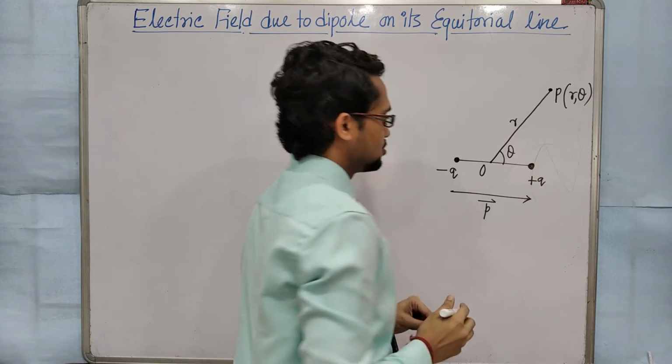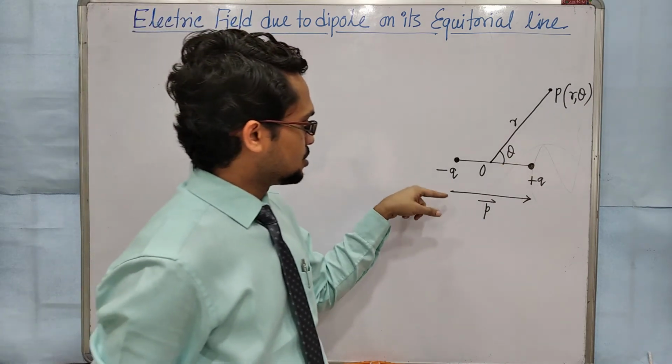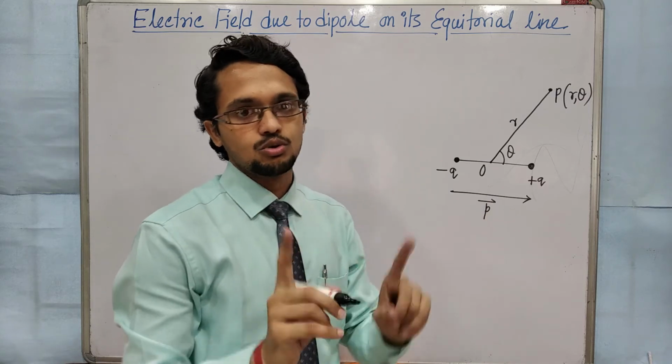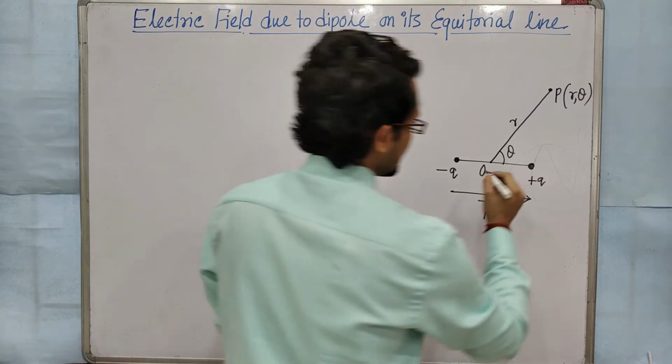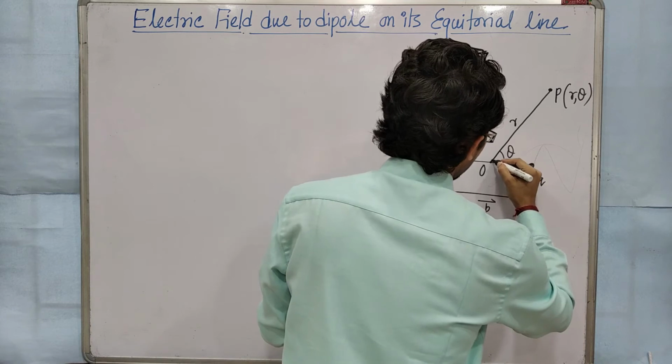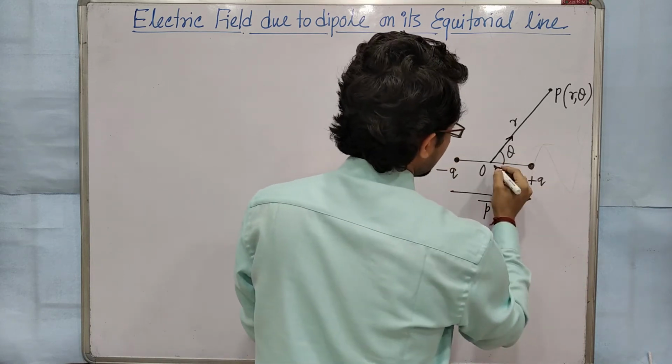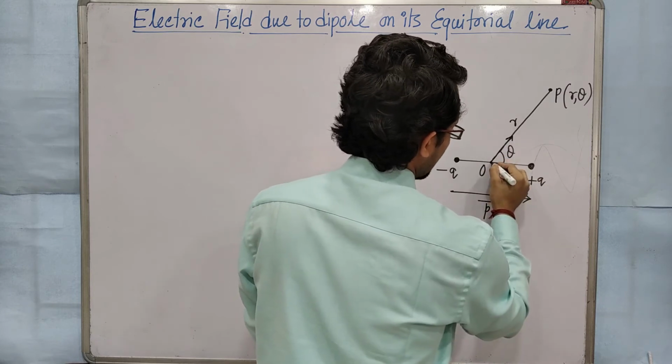So here what we will do basically, first we will divide this dipole moment into two components. One component will be along this line, along this r, and another component will be perpendicular to r.